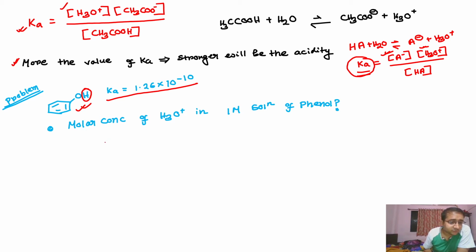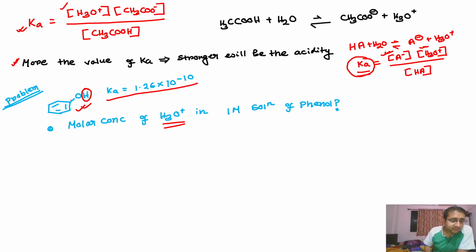The question is: what is the molar concentration of hydronium ion, H3O plus, in a 1 molar solution of phenol? You can try to solve this problem on your own, but if you are not able to solve it, here I am going to solve this problem.